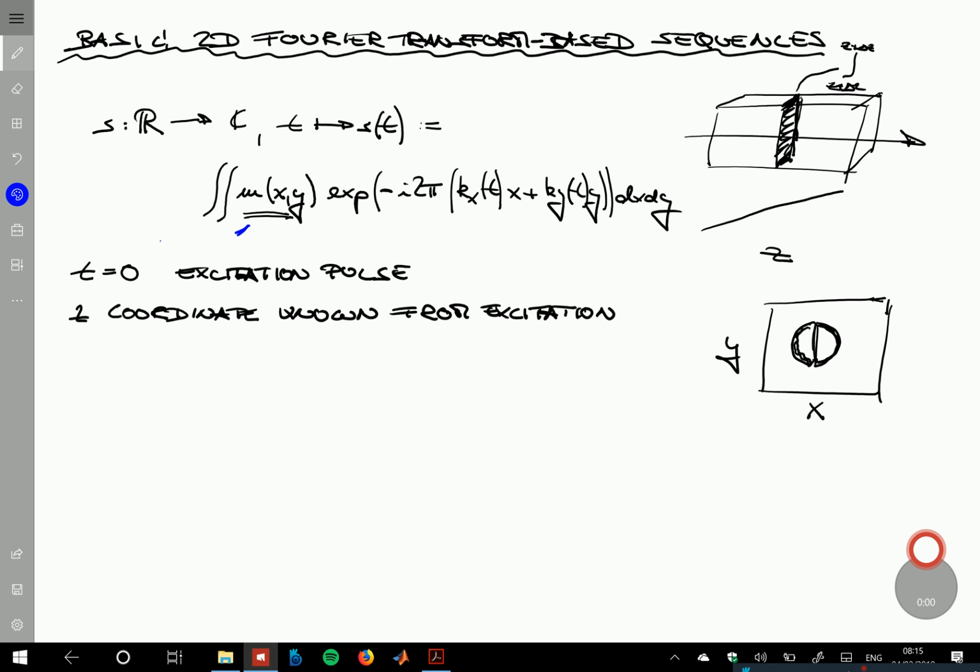Just finish this here, and that's the image function or net magnetization. And the second factor, this complex exponential, describes a space-dependent rotation of the transverse magnetization.